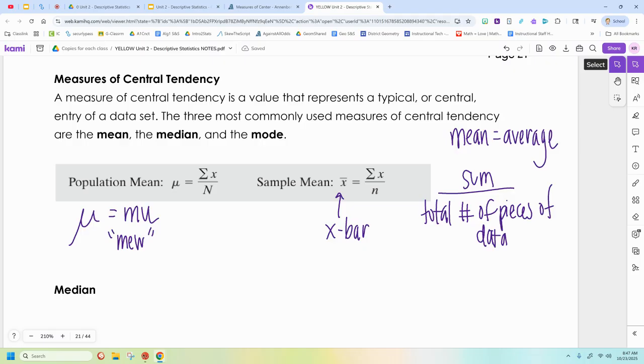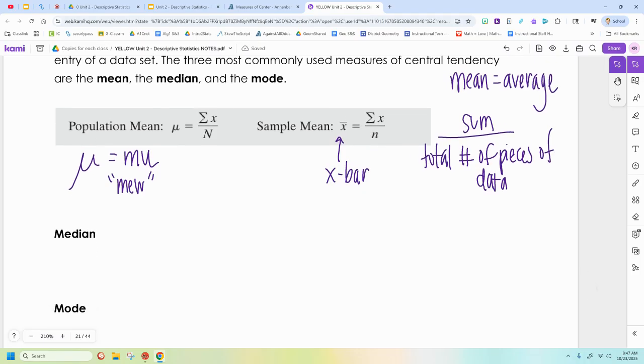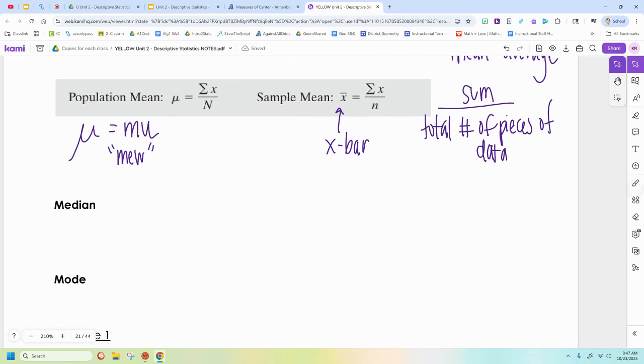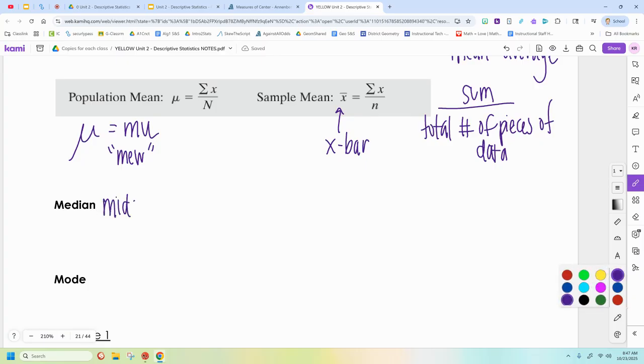All right, so now median is that value physically in the middle of the data. I'm putting quotes around the word pieces because if you have an even number of pieces, like 10, then just like you could take your 2 hands and separate them, the middle is between the 5th and the 6th piece of data when that data is in order.